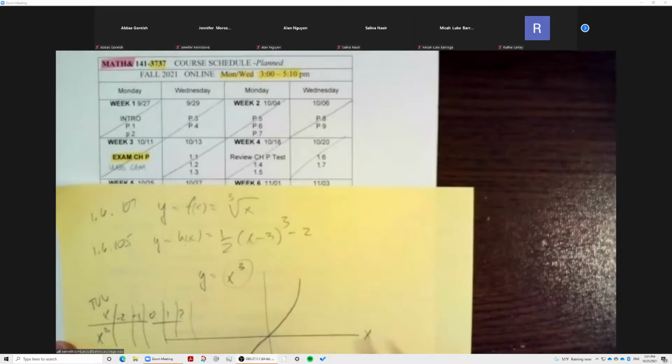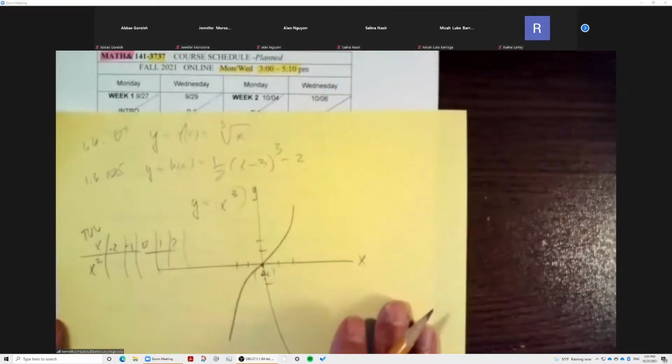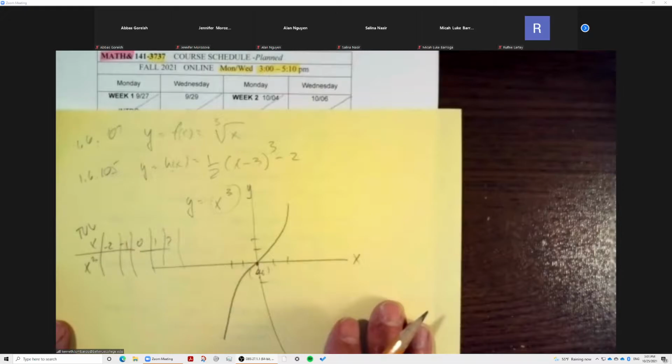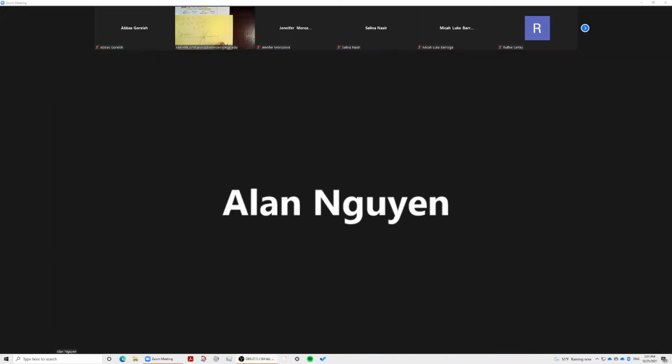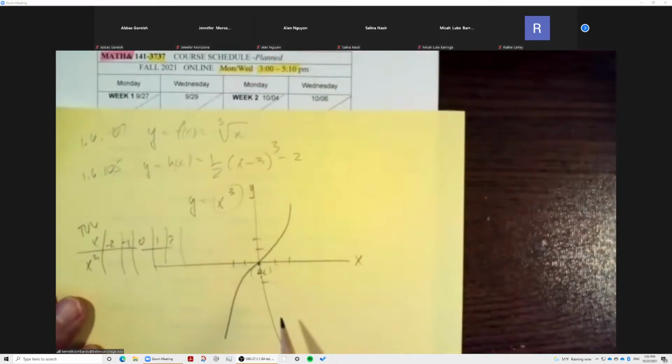Are we right? Do we have agreement there? Yeah. Okay. We could put in some points here, but we'd have a graph that looks roughly like that.